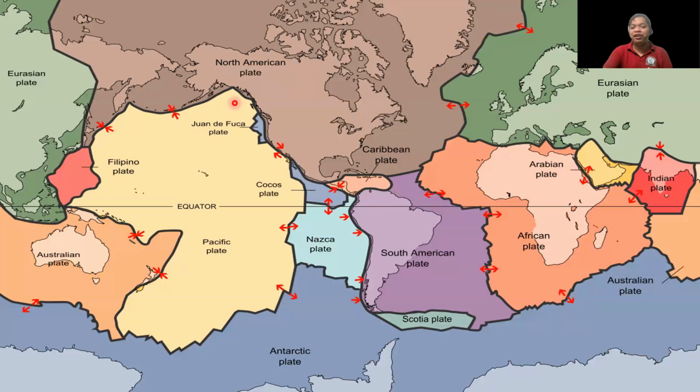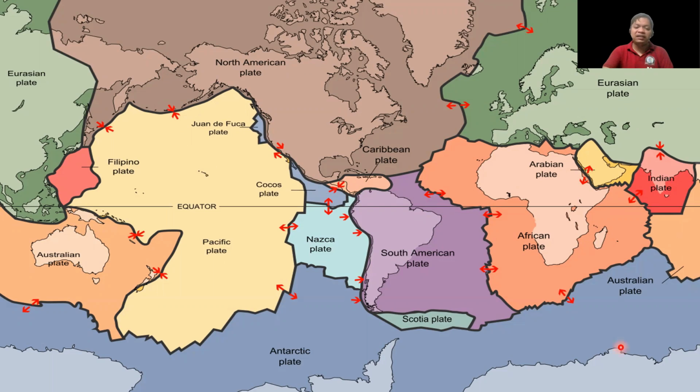Very good. If your answer is convergent boundary, then that's correct. Since the North American plate is moving downwards and the Pacific plate is moving upwards, they are colliding with each other, so that is a convergent boundary.